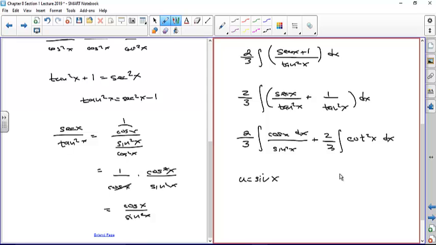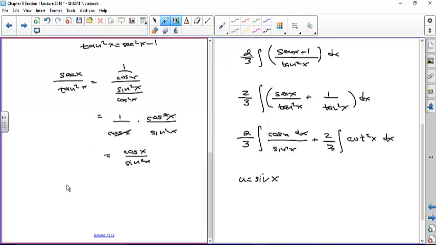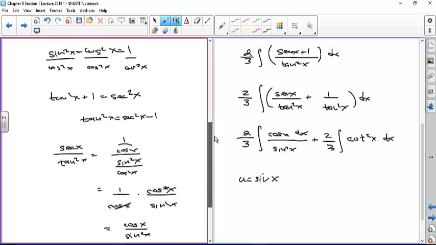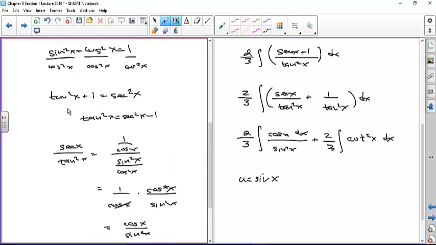And over here, what you have to do is rewrite using the other Pythagorean identity. If we divide these by the sine, sine over sine is 1, cosine over sine is cotangent, and 1 over sine is cosecant.